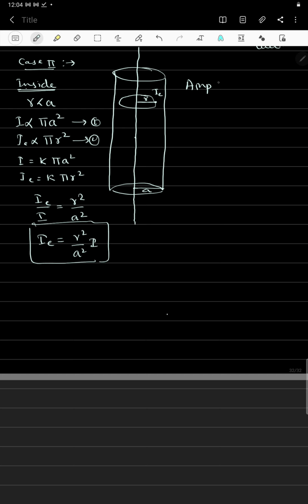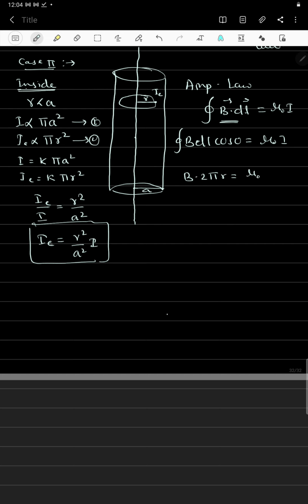Now by using Ampere circuital law, closed integral of B dot dl equals mu naught into I. We can write this as the line integral of B into dl cos 0 equals mu naught into IE. The integral of dl is 2 pi r, so B into 2 pi r equals mu naught IE, where IE equals I into R square divided by A square.